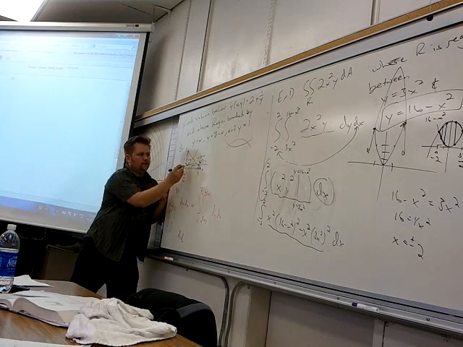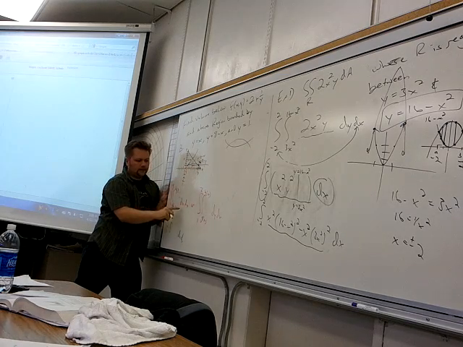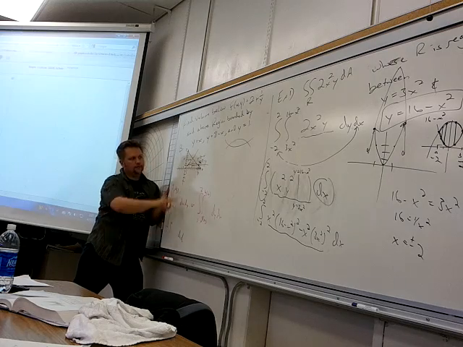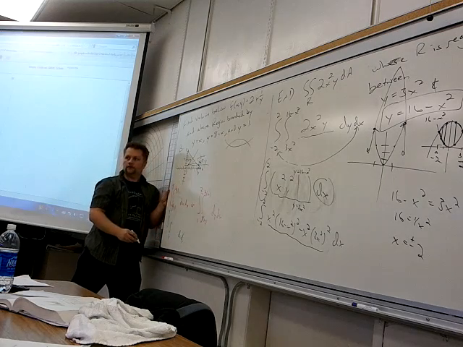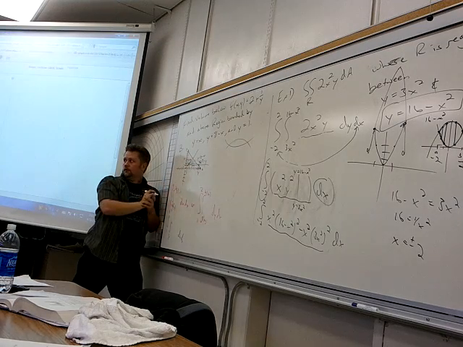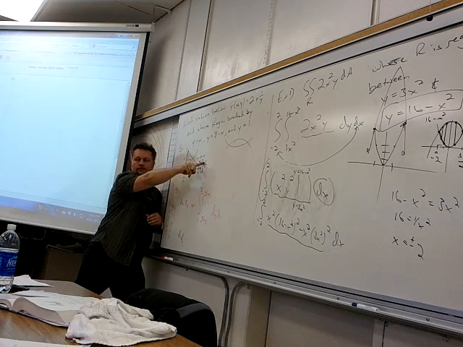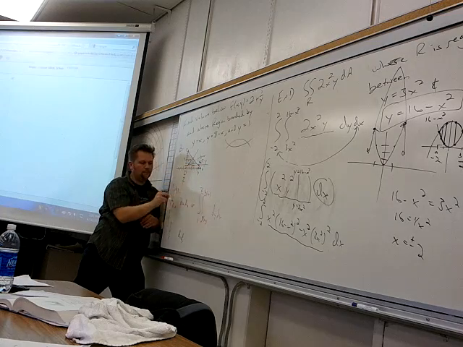So for any given value of y, I want to know what x is doing. x is going to start at y, right? So if y is 2, x is going to start at 2. Does that make sense? And if y is 2, x is going to end at 6. 8 minus y.